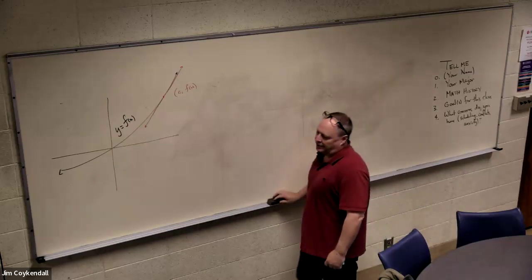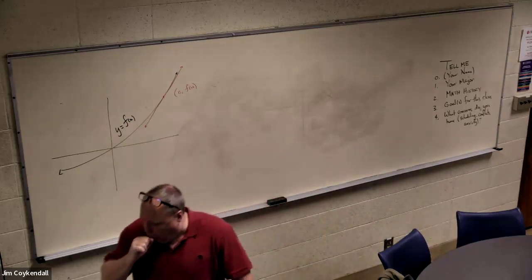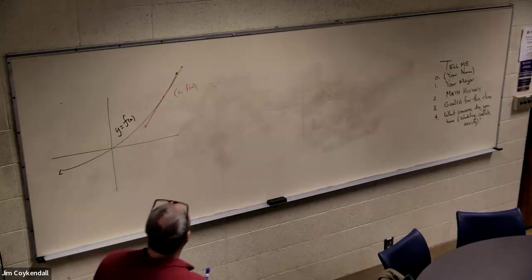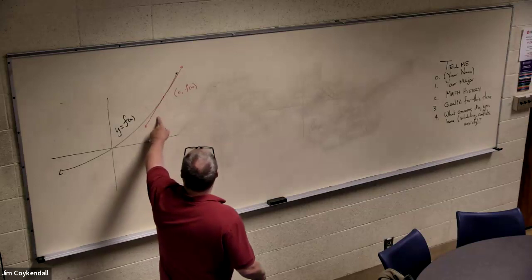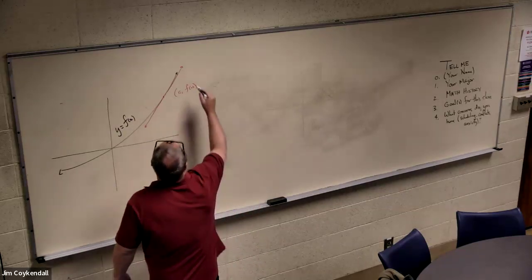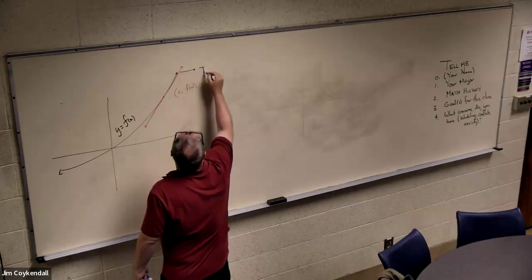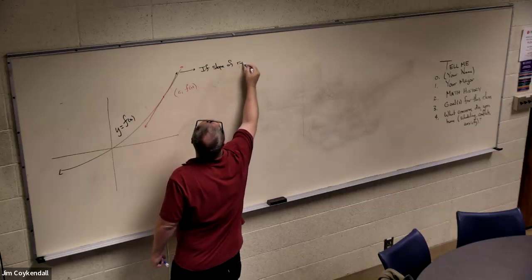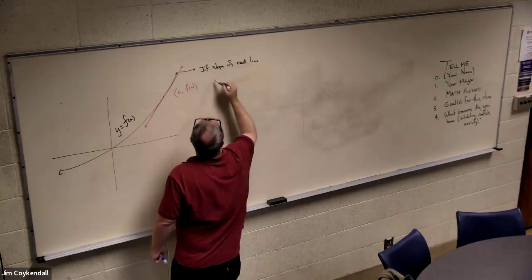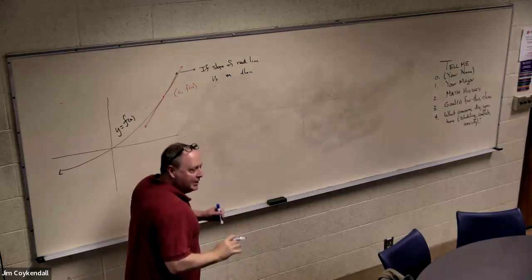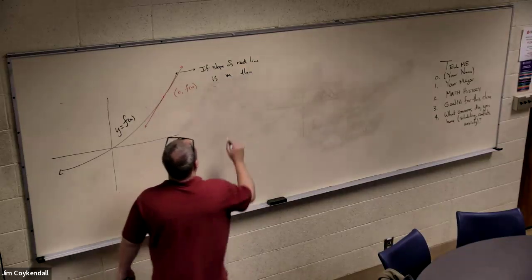Now here was the whole calculus idea. Really, what we need here is, if the slope of the red line is m, then I can tell you exactly what the tangent line is.